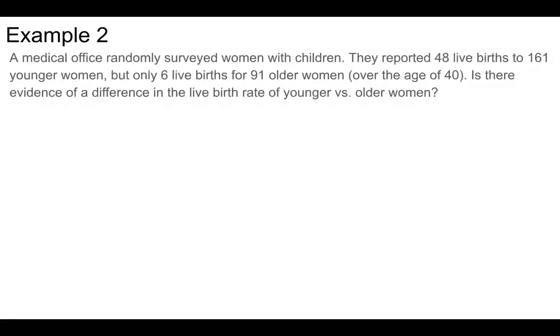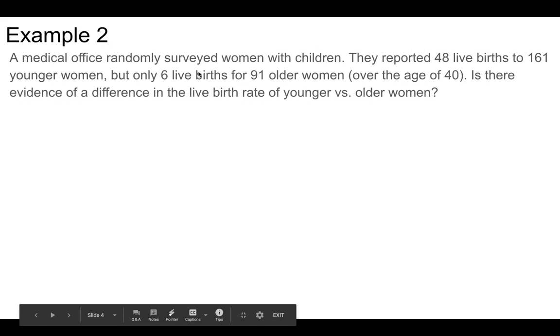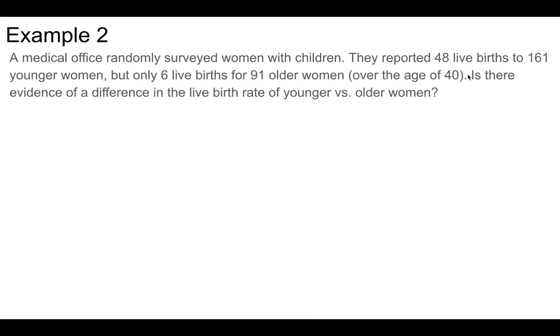Here's a look at example two. A medical office randomly surveyed women with children. They reported 48 live births to 161 younger women, but only 6 live births for 91 older women, meaning over the age of 40.